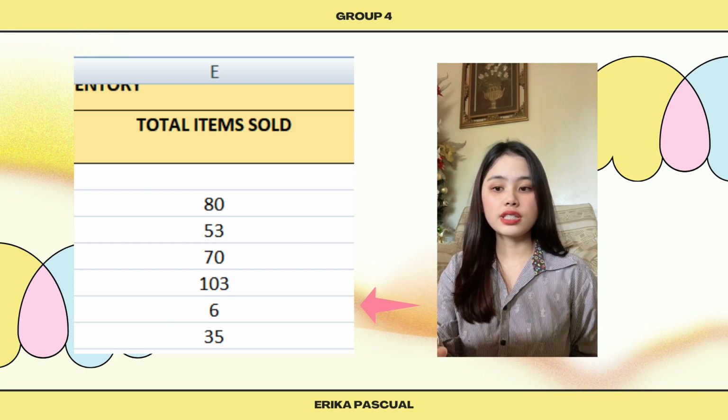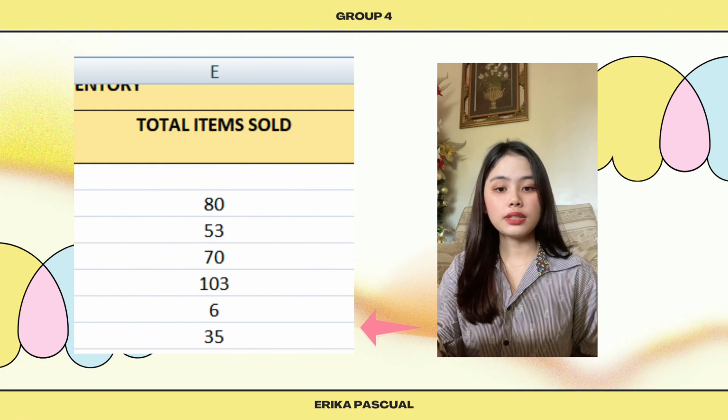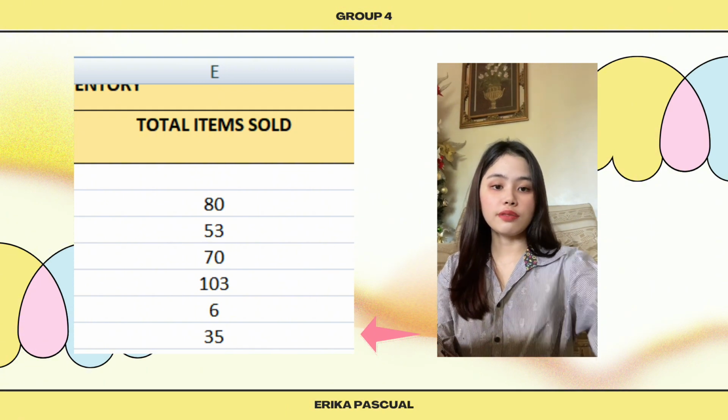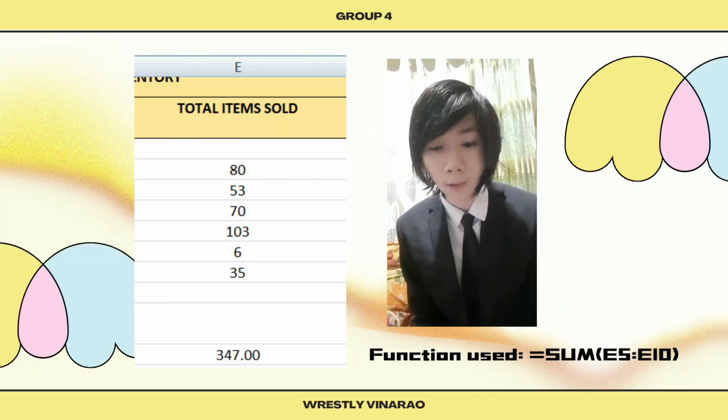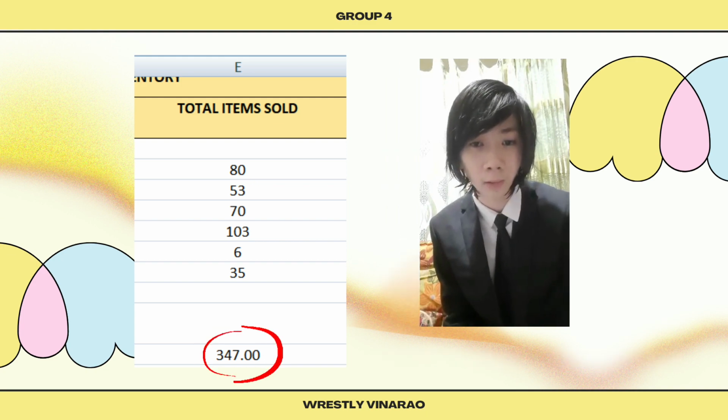The fifth is the Givenchy t-shirt, which has sold 6 units. And the final item, the D&G t-shirt, has sold 35 units. By adding them all, the overall total will be 347 items sold.